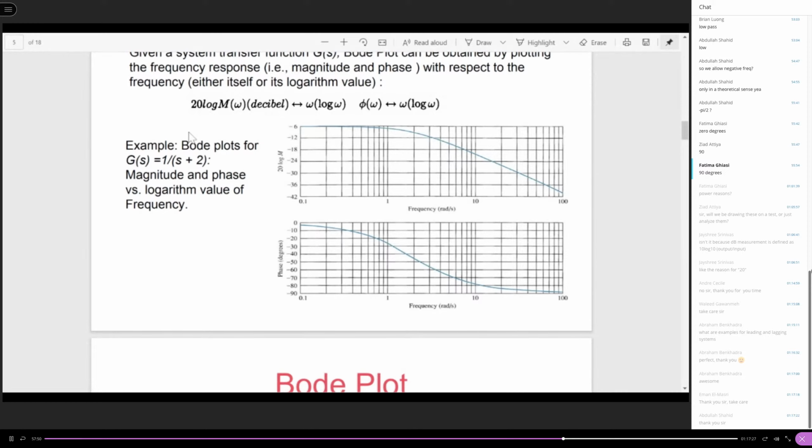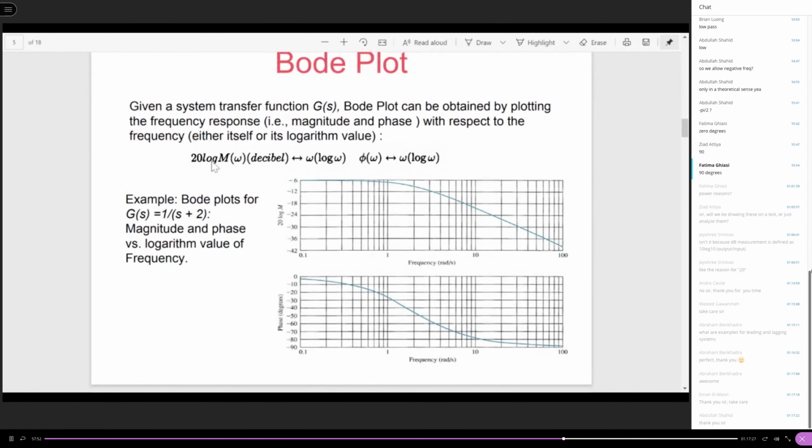When you use the log of M of omega, the number M of omega itself and its log value carry the same trend.